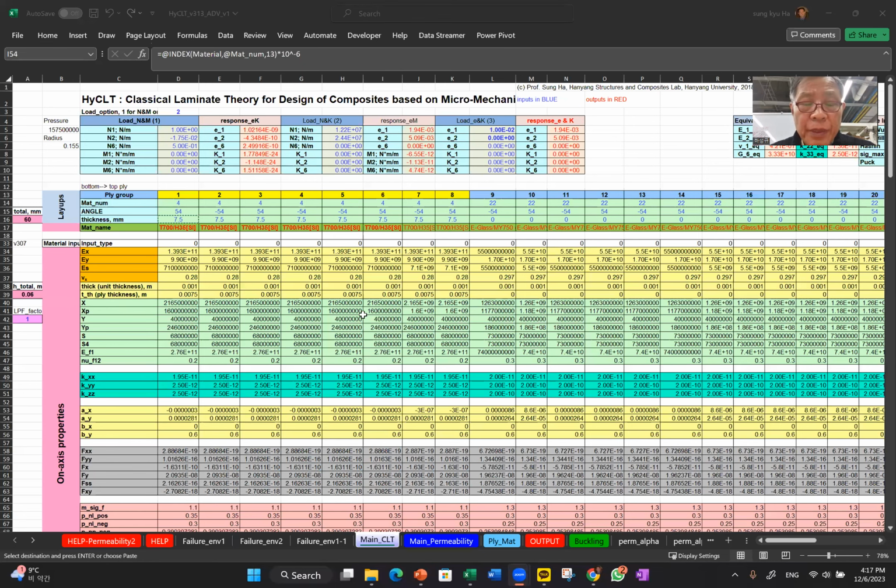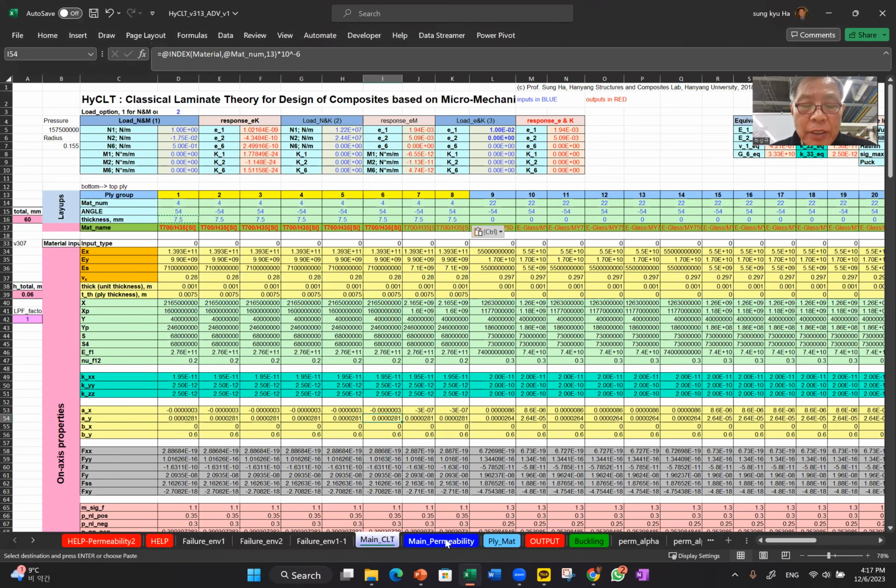One is the main CLT, where we specify all the layup sequence and loading condition, and then the output will be the strength ratio and so on.